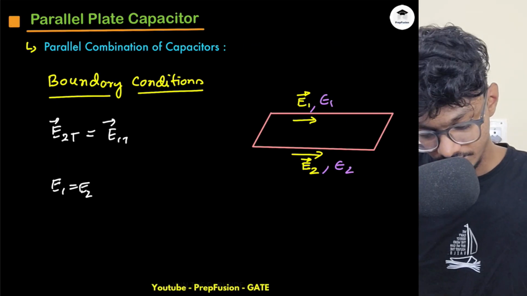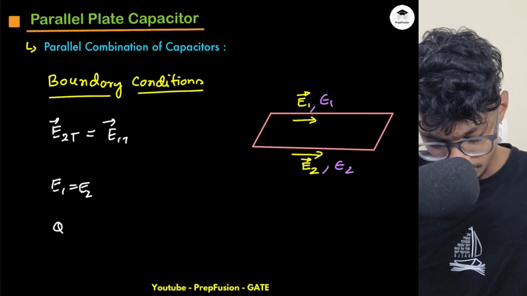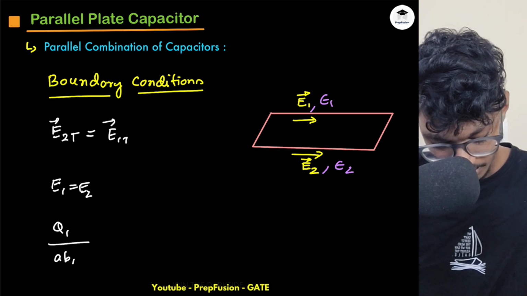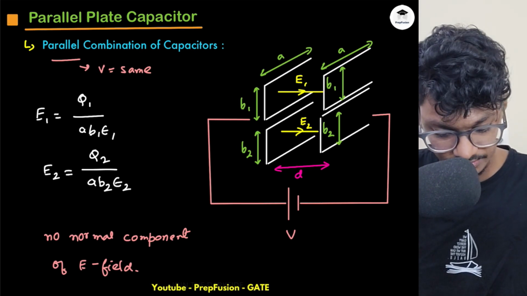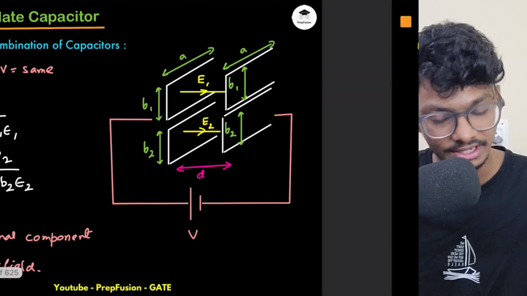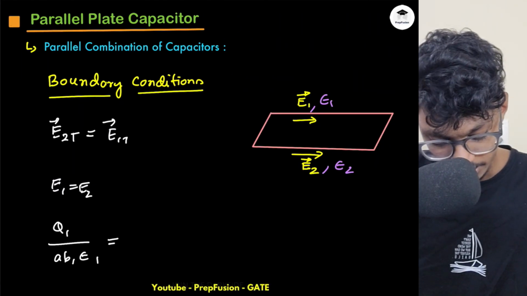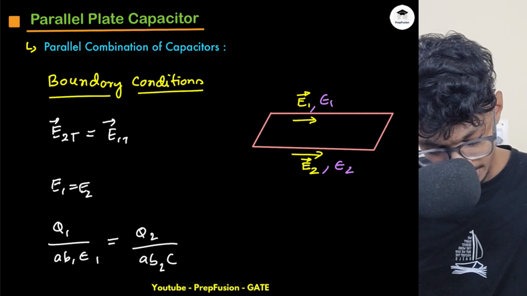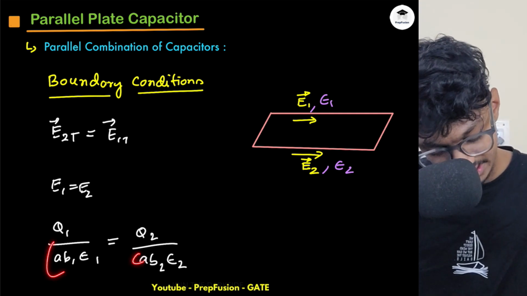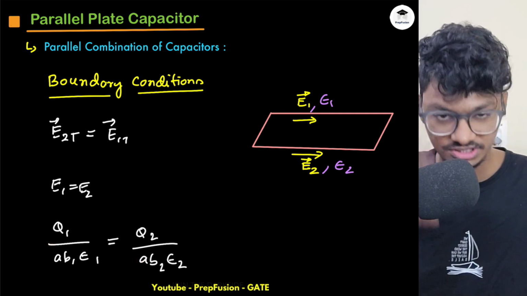So if E1 equals E2, then Q1 by A B1 epsilon 1 is the same as Q2 by A B2 epsilon 2, since this medium and this medium can have different dielectrics. You can vary A as well, but in our case we're not varying it, I'm just deriving the expression.